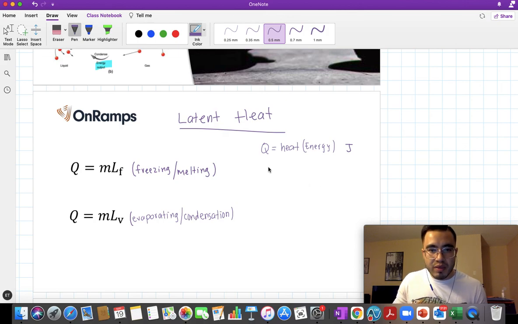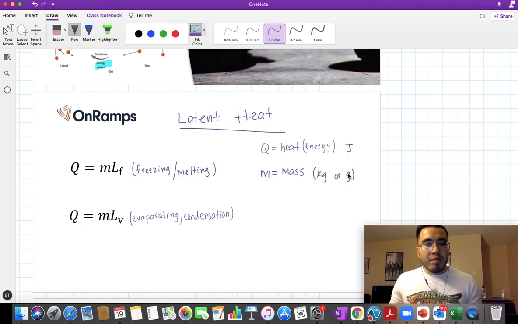M is for mass. Now, we can use kilograms or grams. We're allowed to use either, but we need to make sure that our latent heat of fusion or vaporization has the units which will make sense with the mass.